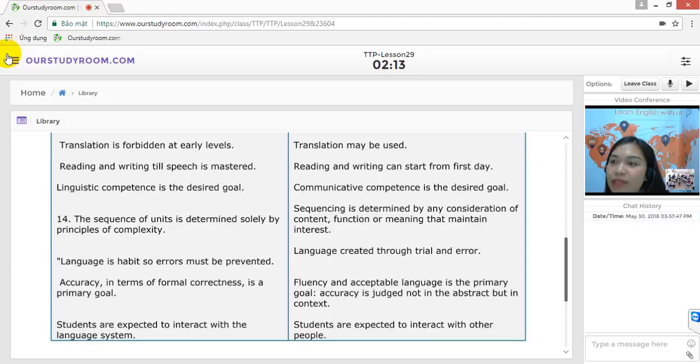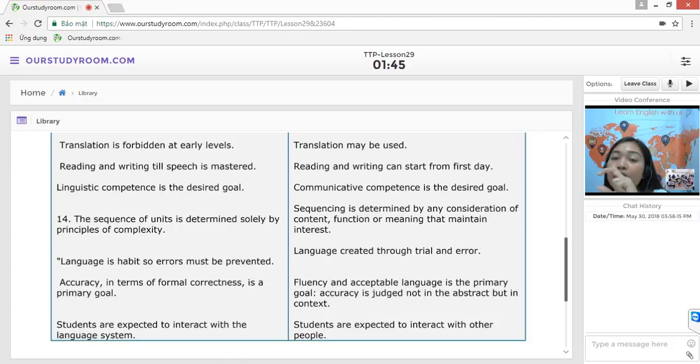Next, teacher Jane. Accuracy in terms of formal correctness is a primary goal. Fluency and acceptable language is the primary goal.